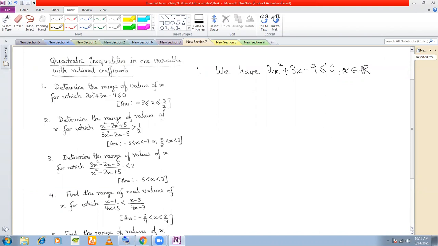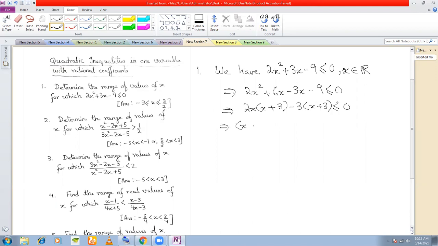Okay. So now what you do here is, if you're given this kind of a problem, first of all you're going to factorize this. You have 2x square plus 6x minus 3x minus 9 less than or equal to 0. That means you get 2x into x plus 3 minus 3 into x plus 3 less than or equal to 0.